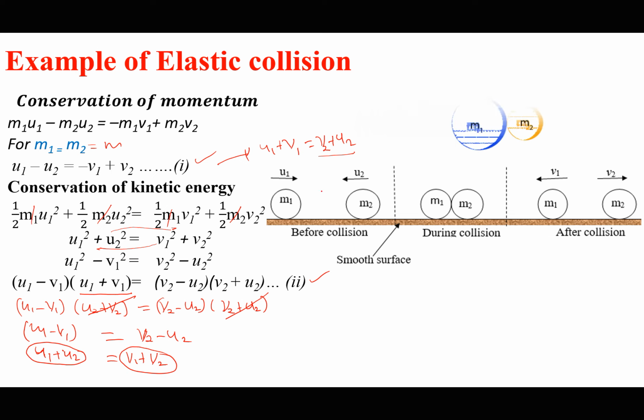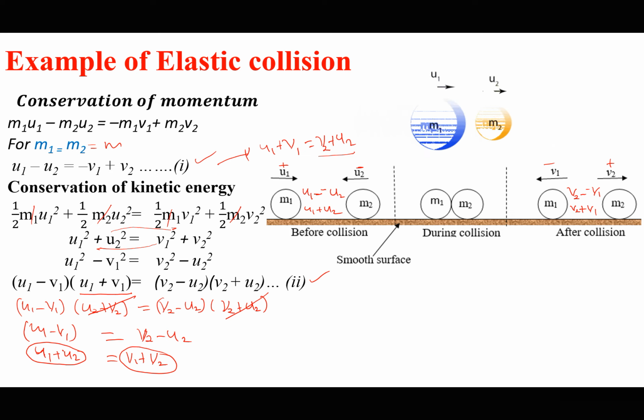If you come back here on the diagram, u1 plus u2 is the same as u1 minus negative u2, because this was positive, this was negative. And coming back here, this was negative, this is positive, so this is the same as v2 minus negative v1, which is the same as v2 plus v1, because v2 was to the right hand side and v1 was to the left hand side.